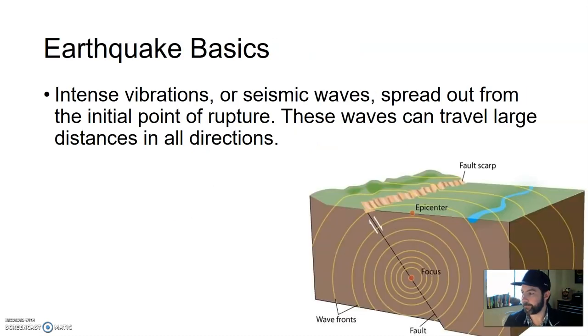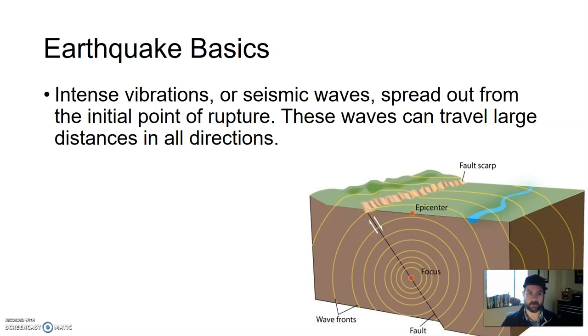When an earthquake occurs, the energy is released at what's known as the focus of the earthquake. Energy is released in the form of seismic waves that spread out three-dimensionally in all directions to the surface, in fact, even through the Earth to the other side. So they can travel large distances in all directions.